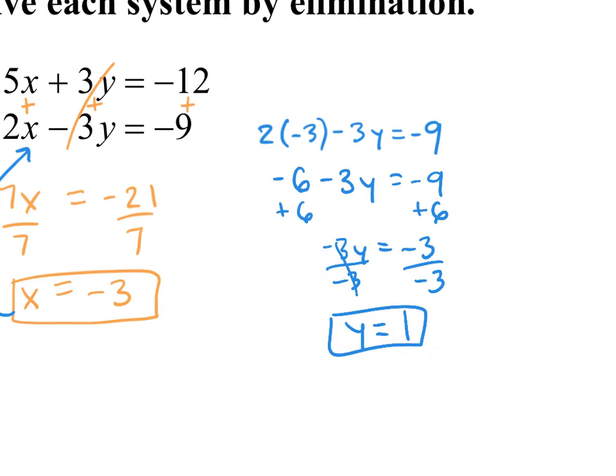So on the quiz, make sure you type in x is equal to whatever number, and then y is equal to whatever number. You have to put which one is which. X is negative 3 and y is 1. Yep. I was just giving an example.